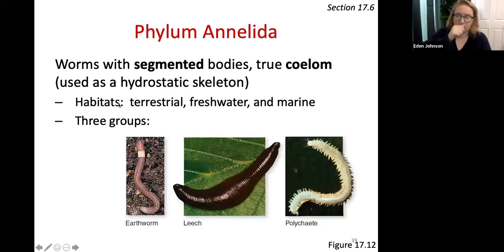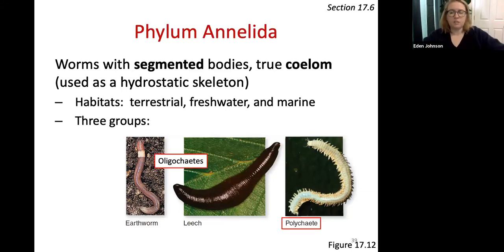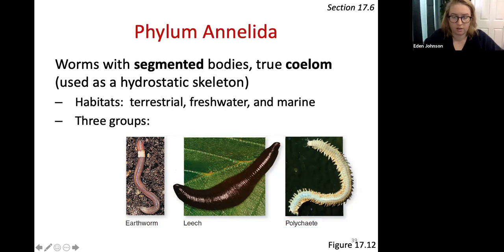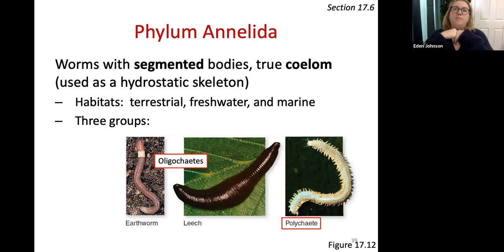Now, this is where we're going to talk about some of these bristles, okay? You have these groups: earthworms, leeches, and polychaetes. 3 groups, okay? Now you have 2 different types of organisms within those 3 groups.